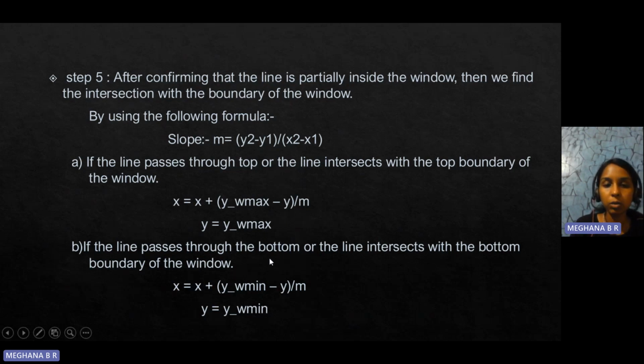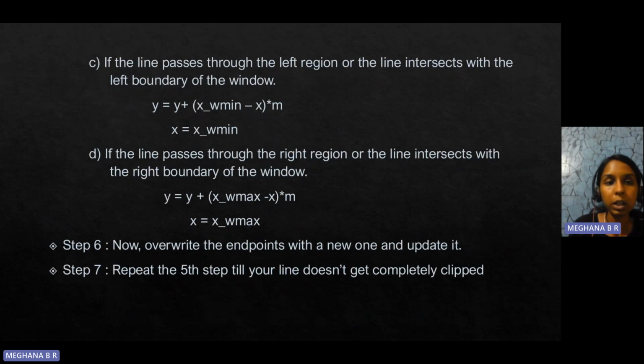If the line intersects with the bottom boundary of the window, then x will be equal to x plus (y min minus y) divided by slope, and y will be equal to y min. The next case is if the line intersects with the left boundary of the window, then y will be equal to y plus (x w min minus x) into slope.